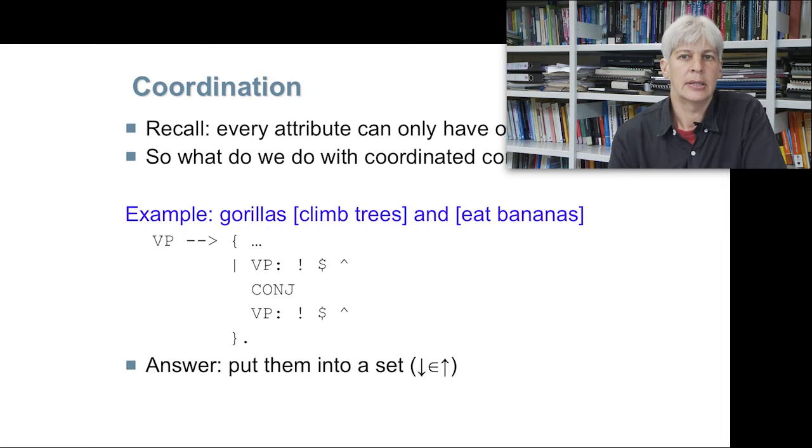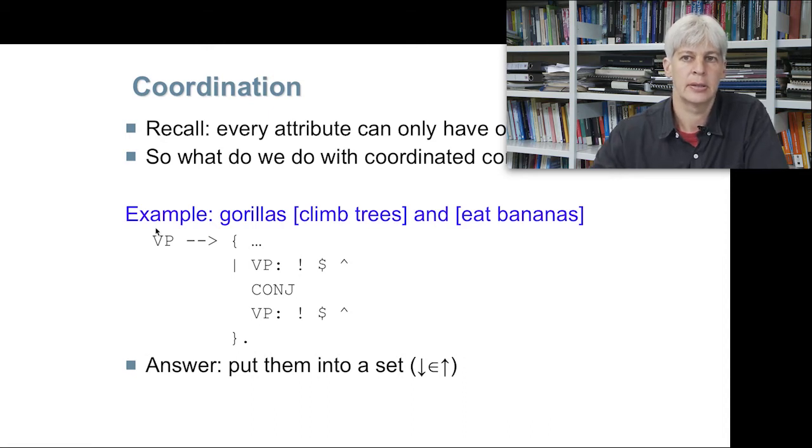And the answer that has been put forward with LFG is to put them into a set. And what you get is the kind of rule that you've got here. So a VP expands into whatever VP expands to, and then there's a disjunct. So you'd have PPs, NPs, etc., all kinds of stuff in there. And then you have an additional disjunct.